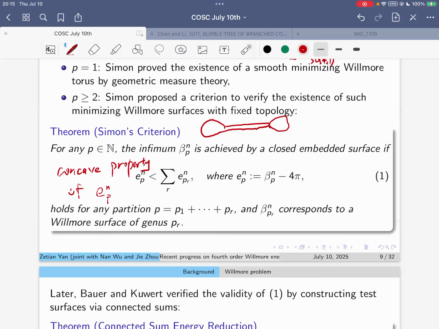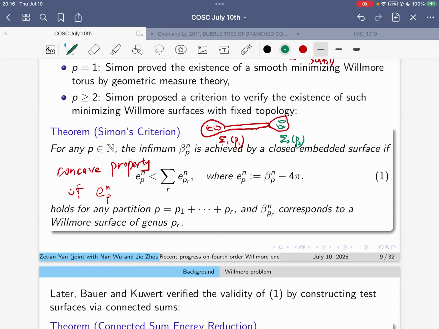however, in this minimizing process, we lose some topology. For example, this part, let me use a different color. The left part I denote sigma 1, and the genus is p1, and the right part is sigma 2, with genus p2.